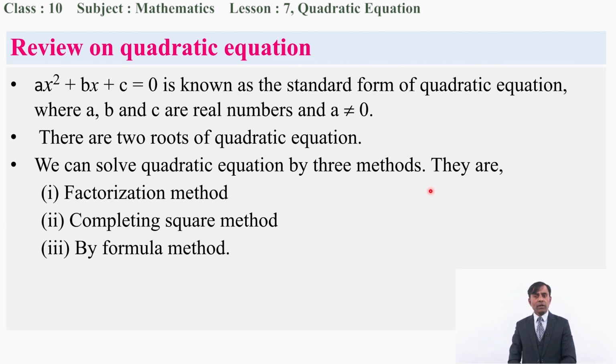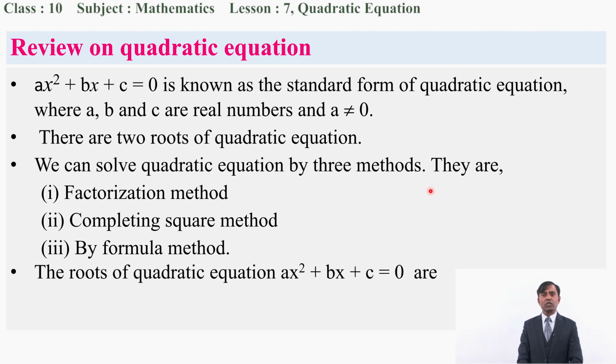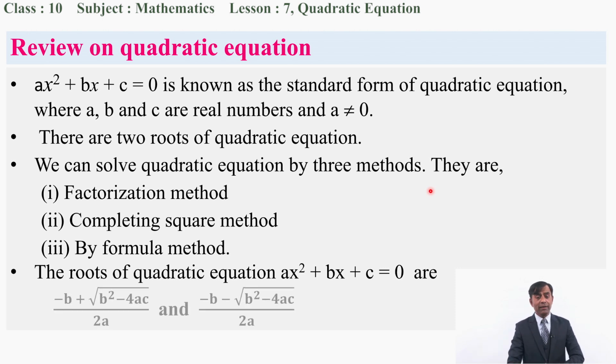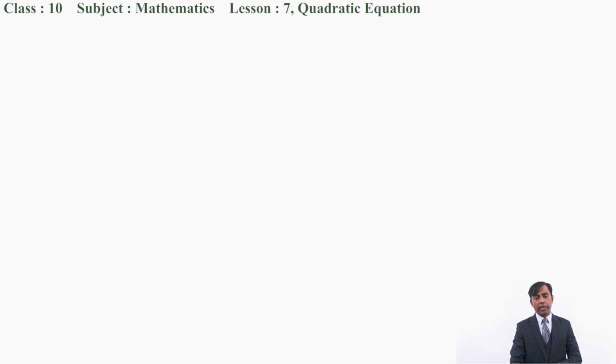So what are the roots of the quadratic equation ax square plus bx plus c is equal to 0? The roots are minus b plus square root of b square minus 4ac, divided by 2a, and minus b minus square root of b square minus 4ac, divided by 2a.